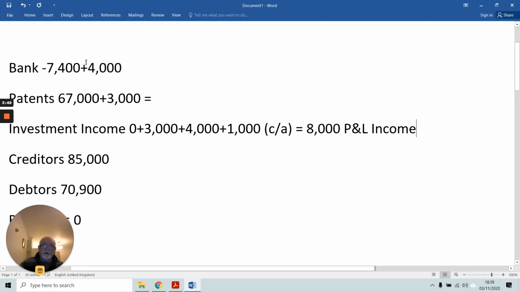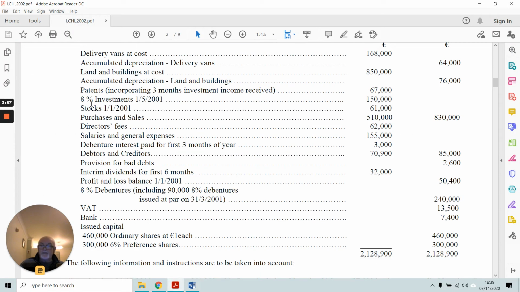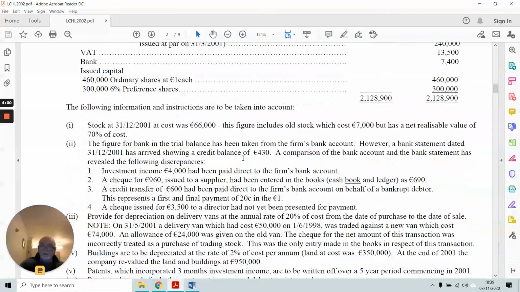And we've added 4,000 to our bank account there to take into account this 4,000 that we received towards the end of the year.